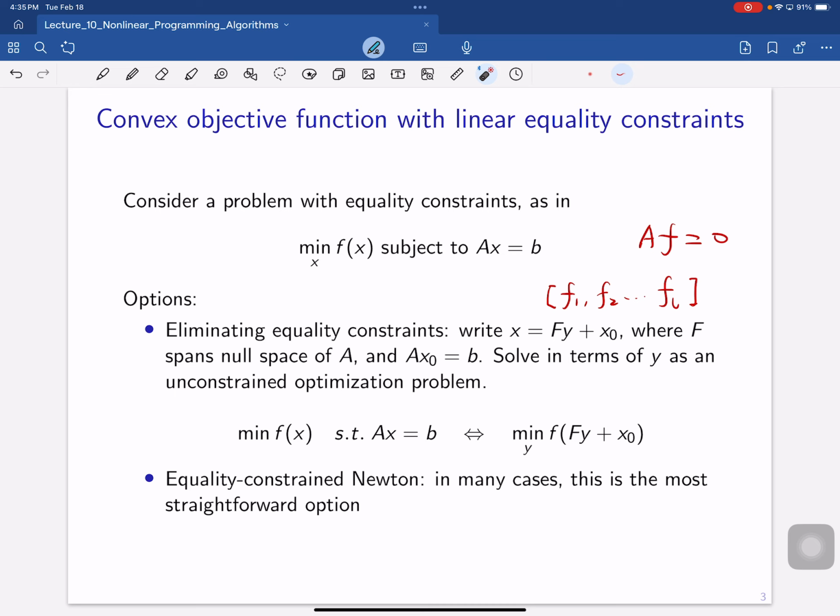This automatically satisfies the linear equality constraints, right? So now you can optimize in terms of y instead of in terms of x, and y is unconstrained. You can use any unconstrained optimization algorithm to solve this problem. Okay.